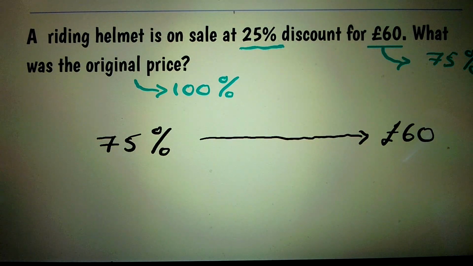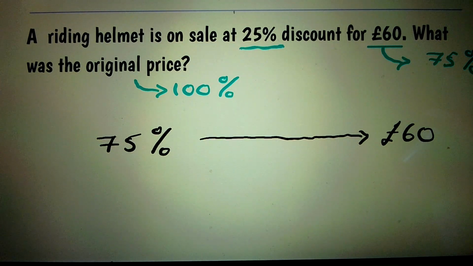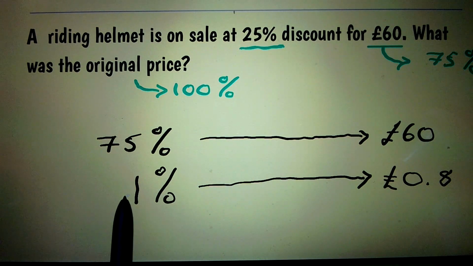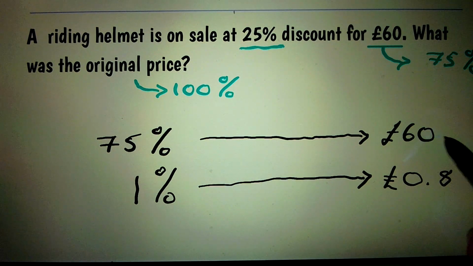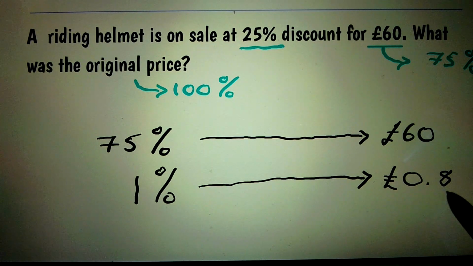So we've got that 75% is £60. So let's work out what 1% is. And we work out that 1%, which is divided by 75 here of course, is £60 divided by 75, which is 0.8.